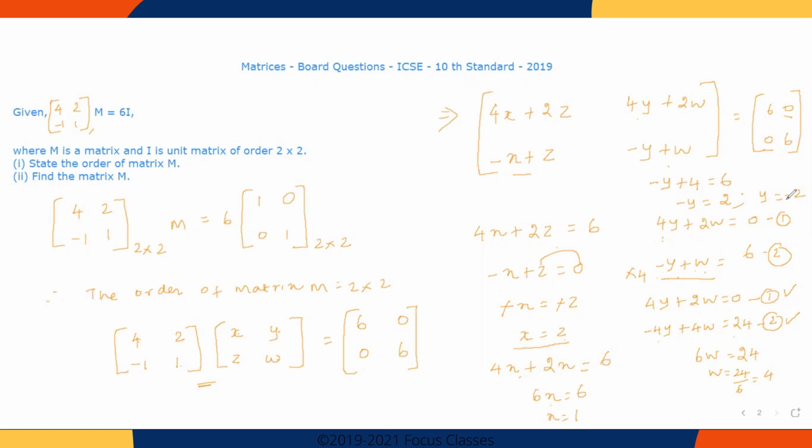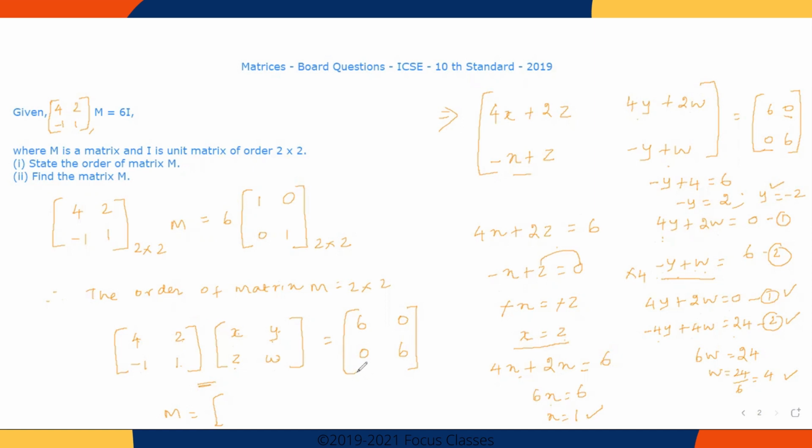Right? So now we have to write the values of x, y, z, w. So that is nothing but my matrix M. So M is equal to, x is 1, w is 4, y is minus 2, and x is equal to z, right?